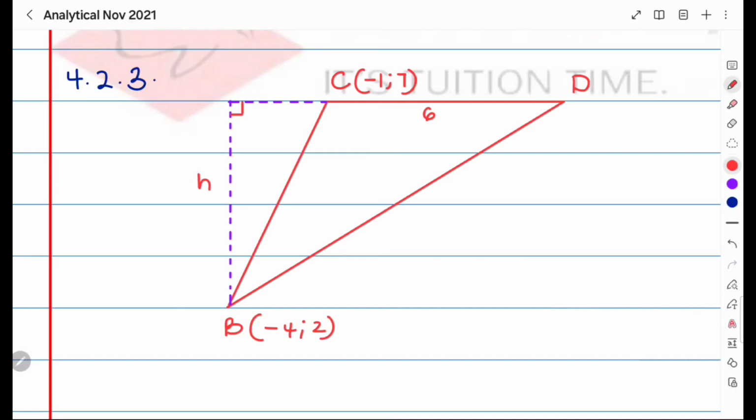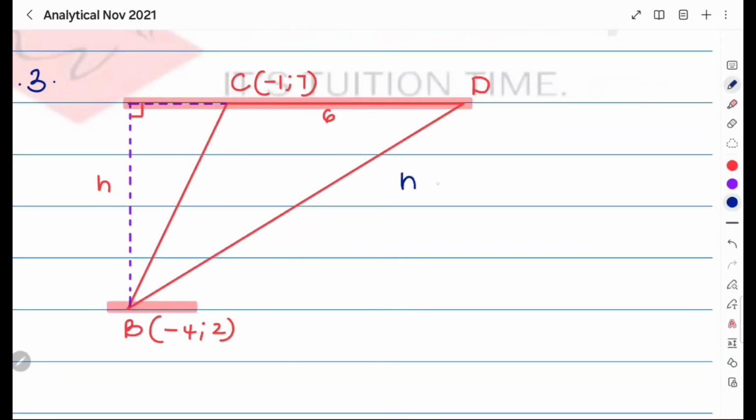The top part, CD, has a height of 7, and the lowest point, which is B, has a height of 2. The height of this triangle is 7 minus 2, the top y value minus the bottom y value. So our perpendicular height is 5 units.